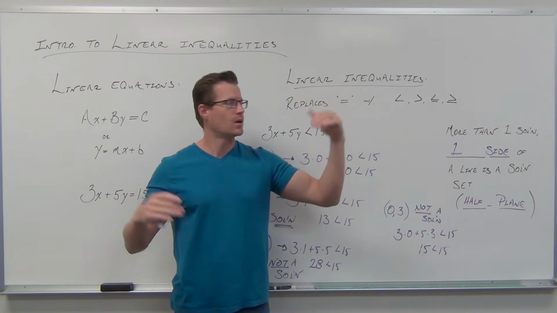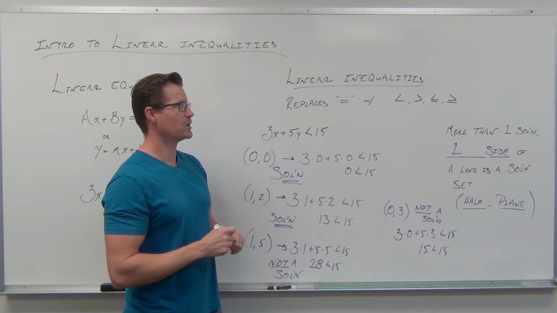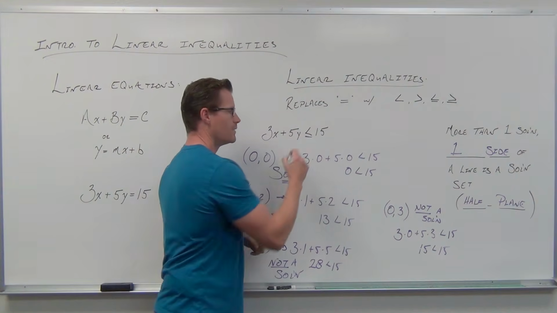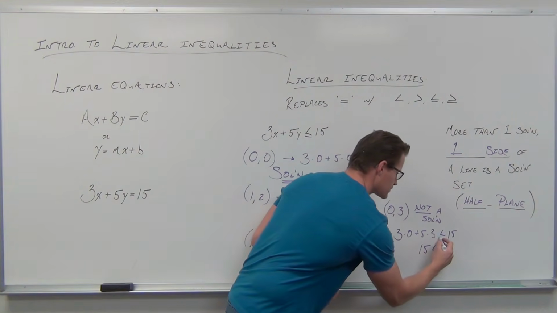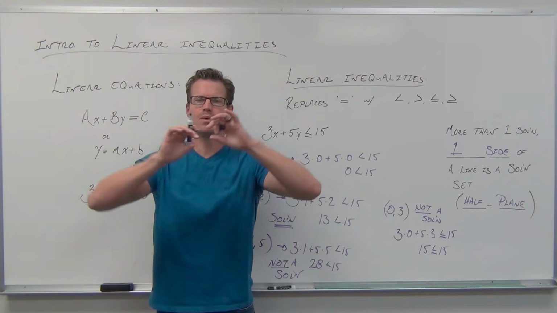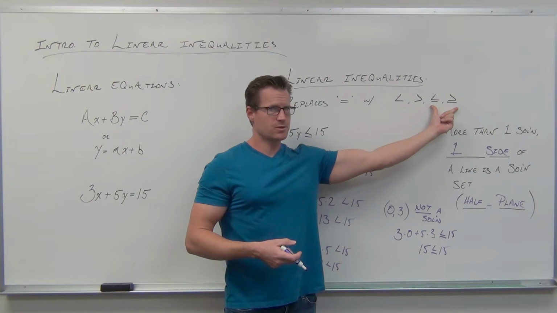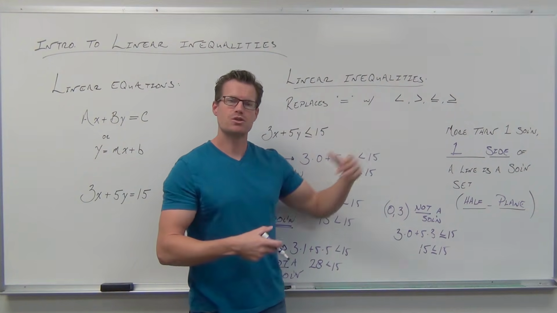That's weird. With these two inequalities, if I make them less than or equal to, greater than or equal to, then the points themselves are included in the solution set. You still get the half plane, but then it's just the difference of whether you are including the line in the solution set or not. So think about that.